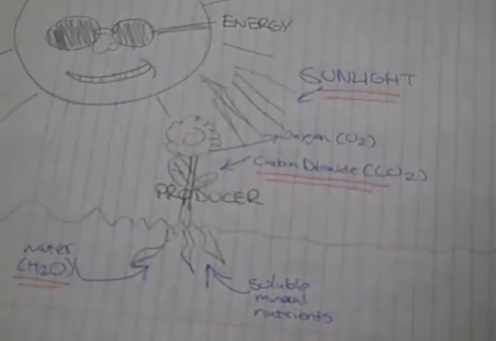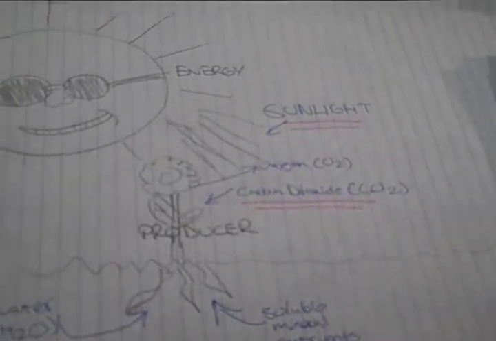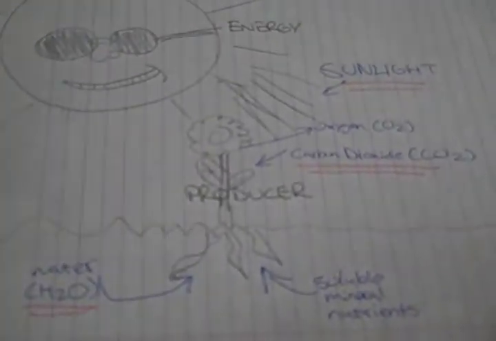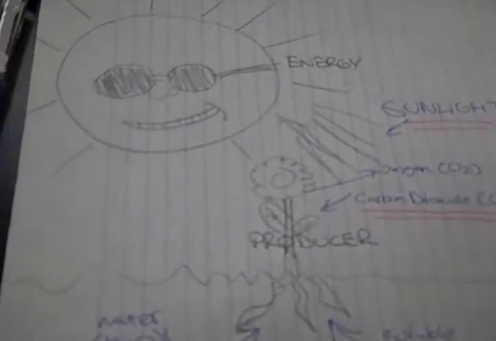Photosynthesis is a process in which a plant or producer takes carbon dioxide from the air, water from the ground, and sunlight to produce oxygen gas and glucose, which is stored in the plant. Photosynthesis is the reaction of a producer to sunlight, carbon dioxide, and water. It then produces, as a result, oxygen gas and glucose, as shown in this picture.